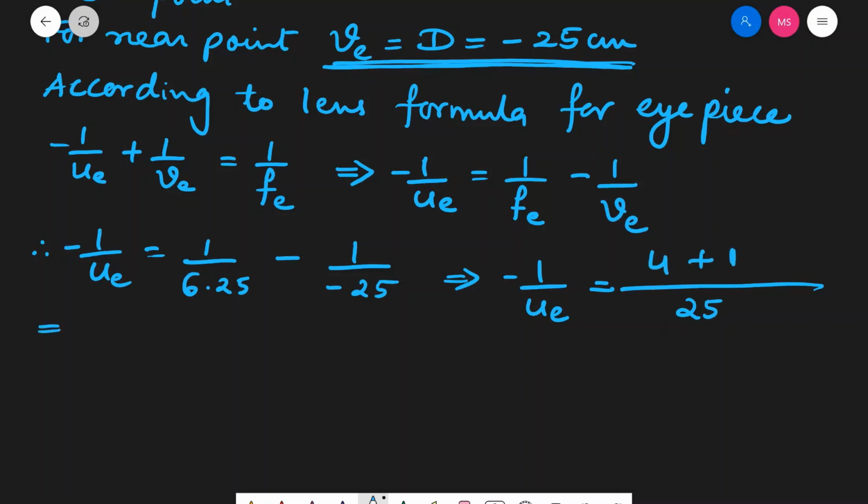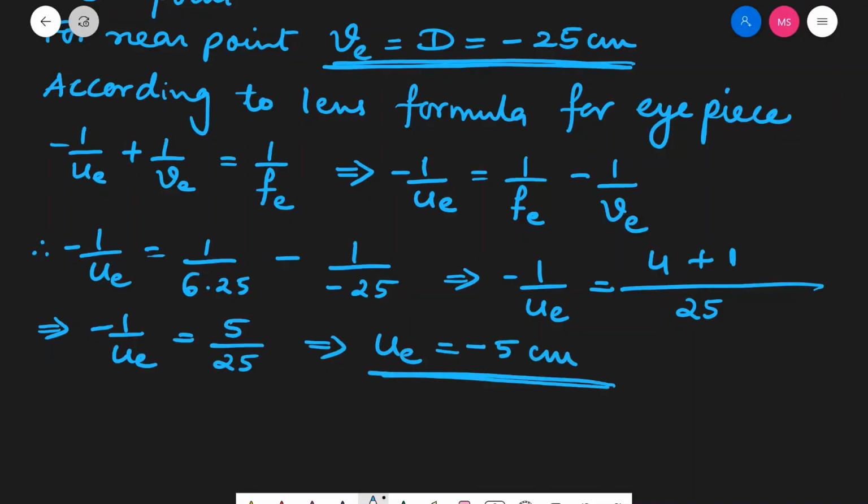So minus 1 by UE will be equal to 5 by 25, which implies that UE will be equal to minus 5 centimeter.